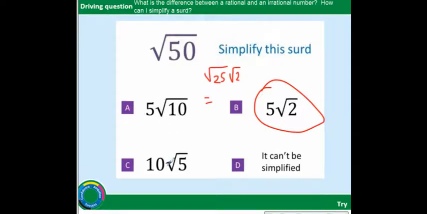If you've got this answer or this answer, that's not correct, because 5 multiplied by root 10 isn't root 50. You could say root 5 multiplied by root 10, that would give you root 50, but there'd be no point doing this because you can't square root these numbers.